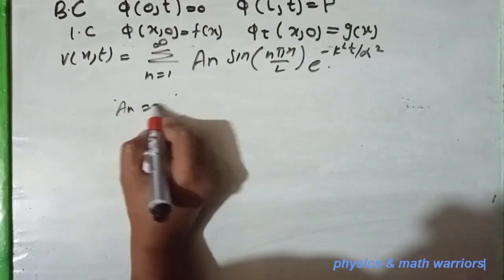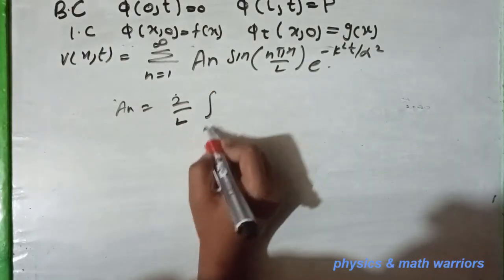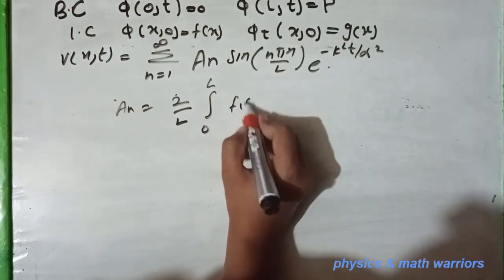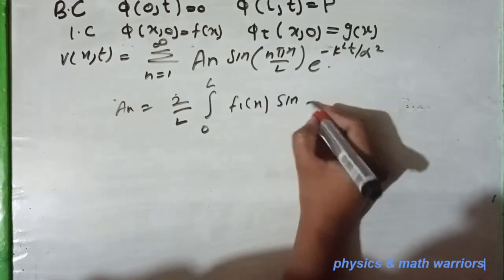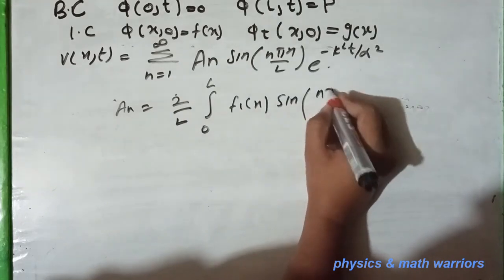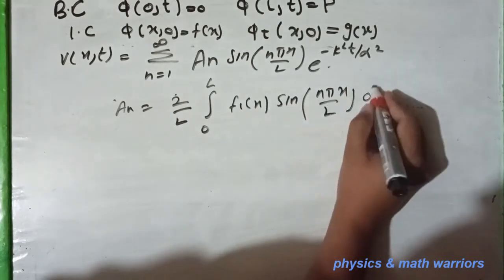So an is equal to 2 by L integral from 0 to L f1 of x sin n pi x over L dx.